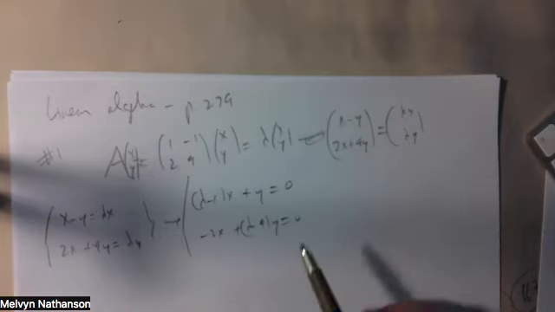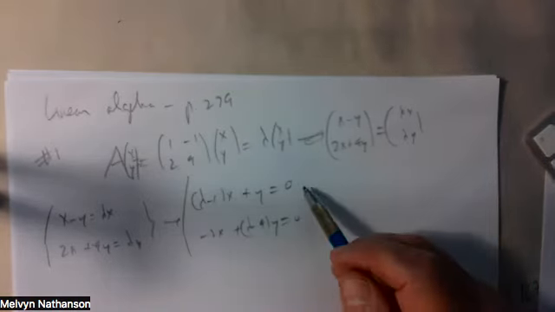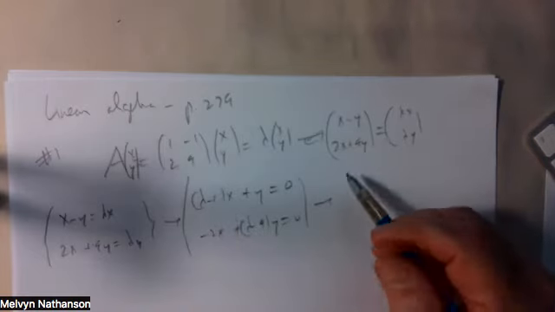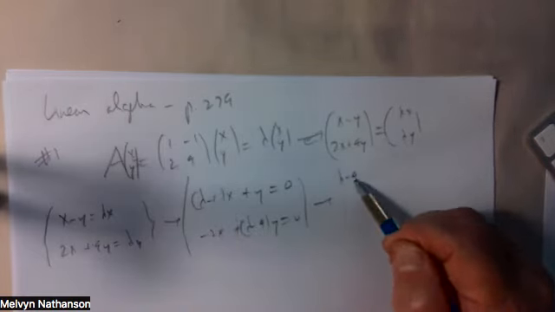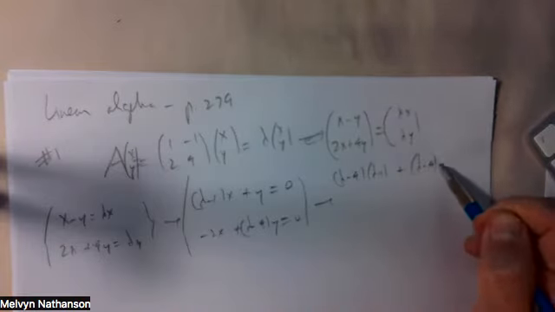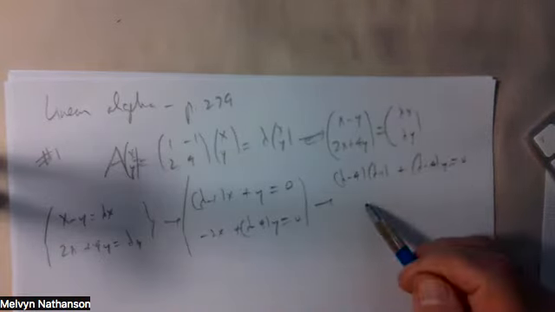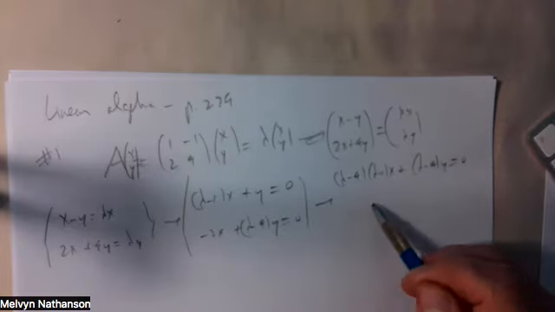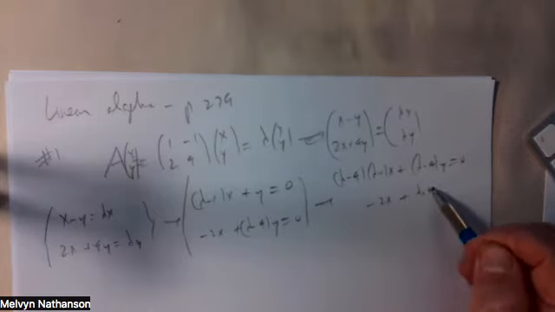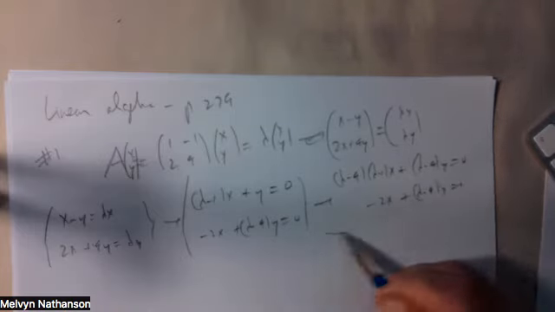Let's see, if I try to solve for x and y, let's say I multiply the first equation by lambda minus 4, and I leave the second. Here I have minus 2x plus (lambda minus 4)y equals 0.